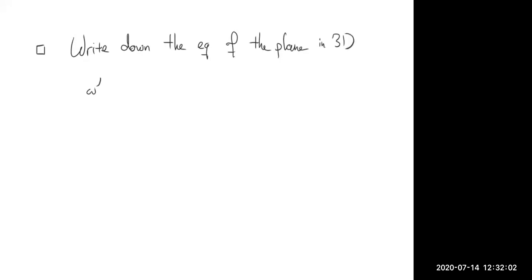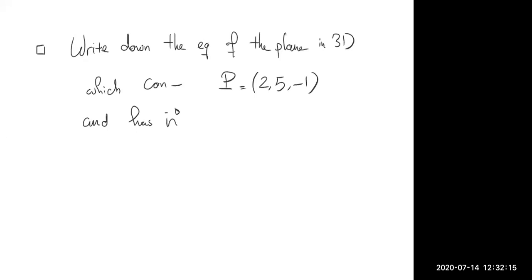So for example, a question in the exam can be something like this. Write down the equation of the plane in three-dimensional space, which contains a point P with coordinates 2, 5, -1, and has n equal to, say, 1, 2, and 4 as the normal vector.